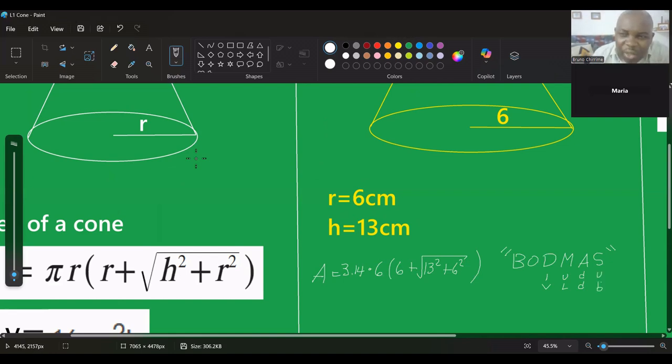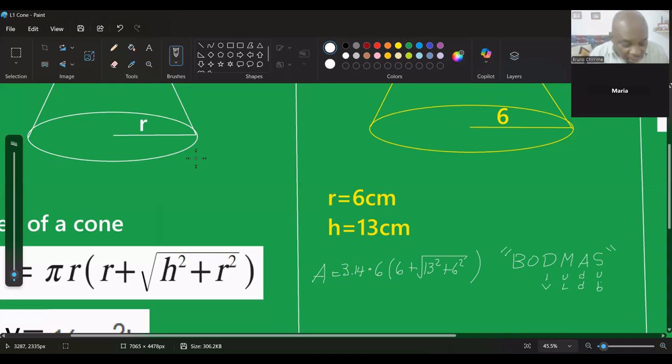This little rule helps you to know what operation comes first. So multiplication comes first because it says brackets of division, multiplication. Here you don't have a division. You have a multiplication.